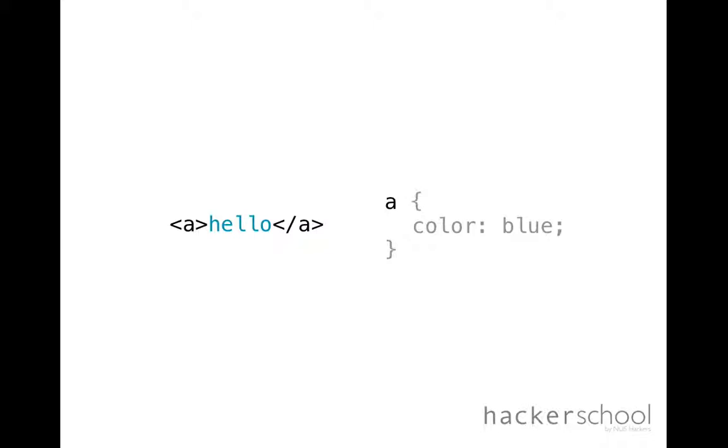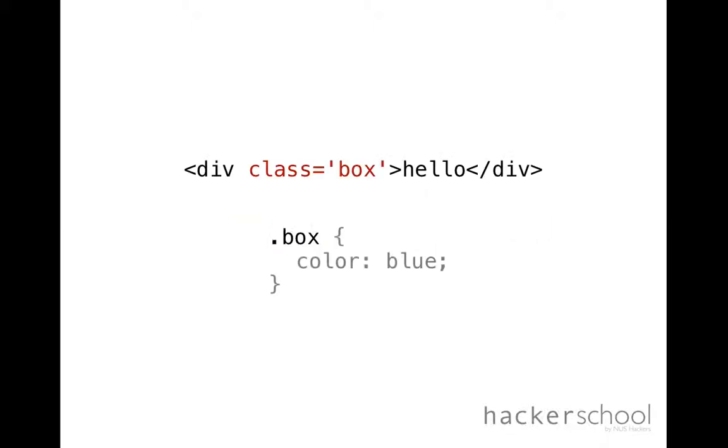It's saying go find all the A tags in the page and style them this way. Similarly, we could do it for classes. If this div has a class of box, then we put a dot box, and then we style this. Nothing new, this should just be refreshing your memory.